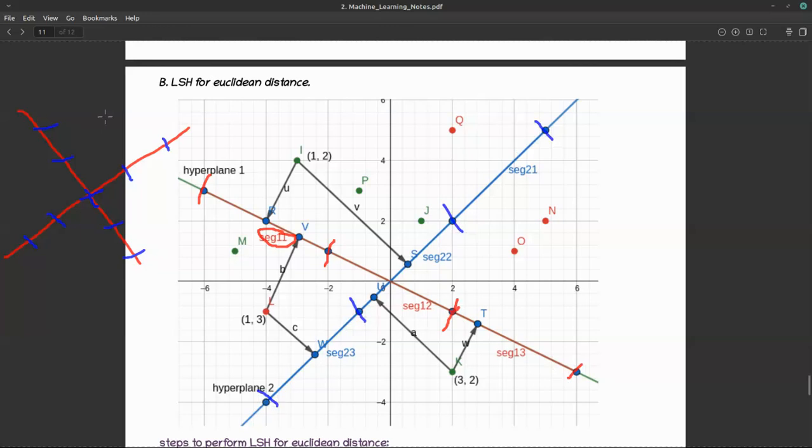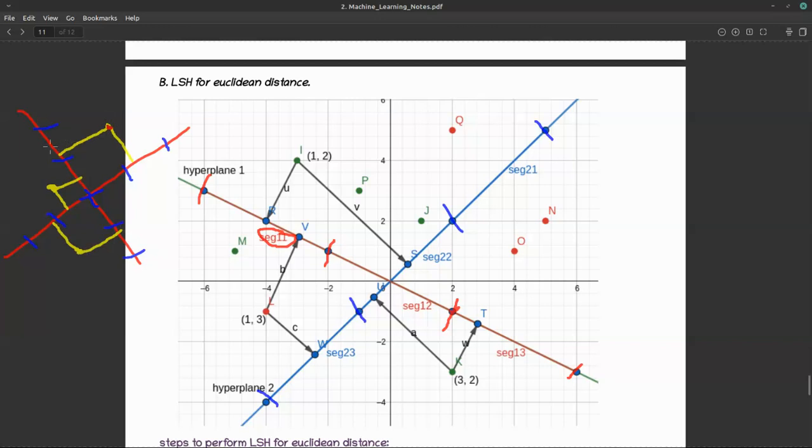Now I will take some point, let's say I have some point here, some point here, some point here. What is that called? Projection of a point, right? Projection of this point. Now how to give a label to this point?